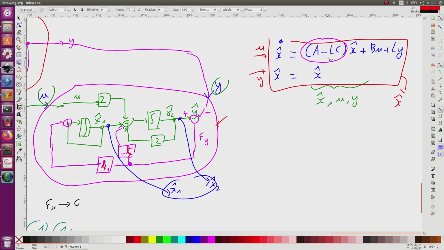Of course, I know A, L, C, and so on, so I can rewrite as follows to finish the exercise.